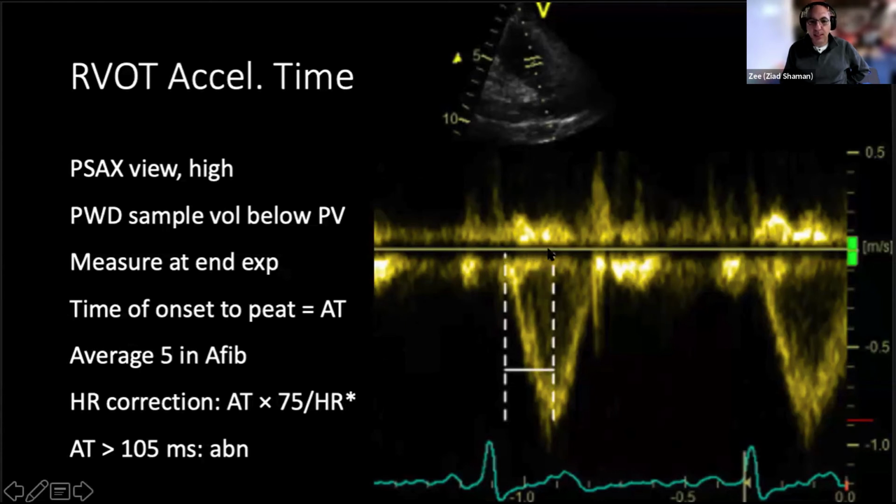And this distance here, acceleration time from the start of the jet until the peak of the jet, should be more than 105 milliseconds. Actually, I inverted this, less than 105 milliseconds would be abnormal. Normal is a slow jet. When the jet becomes fast, you reach the peak very quickly. That means the pressure in the pulmonary artery is very high. So this sign is inverted.